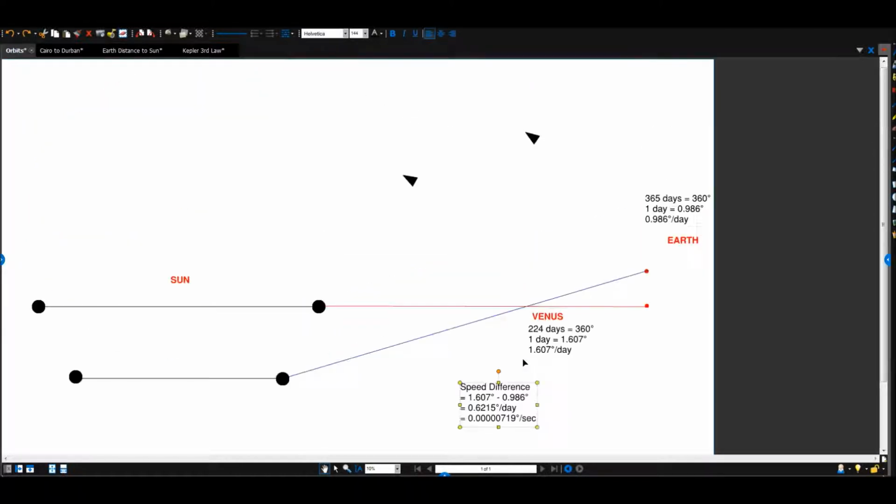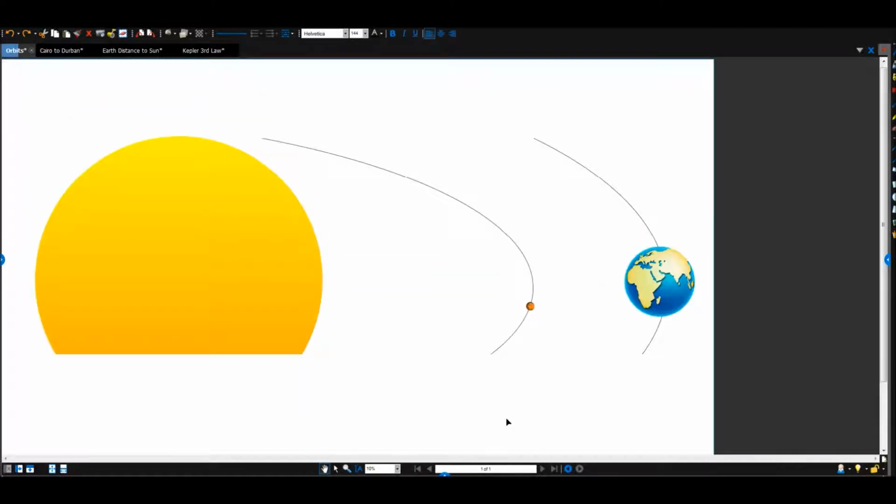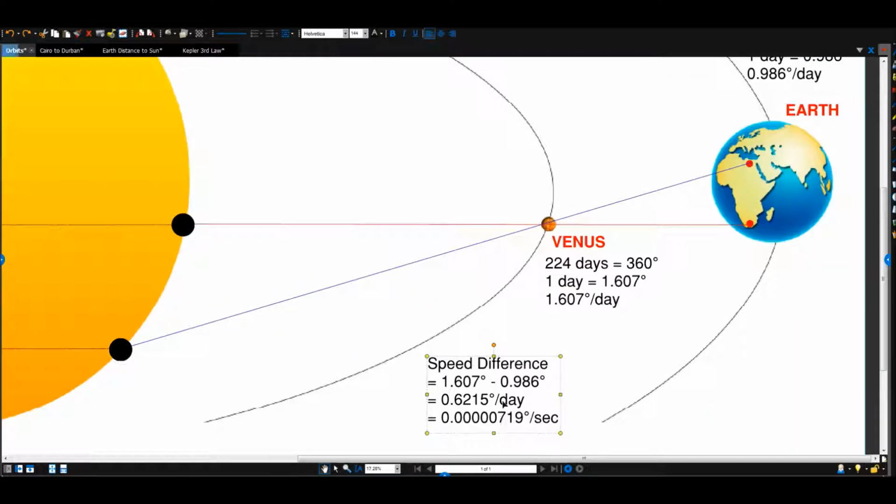So the speed difference is 1.607 minus 0.986, which is 0.6215 degrees every day. So every day Venus will move 0.6215 degrees further along than Earth does. So that's how much faster Venus is than Earth in its orbit.